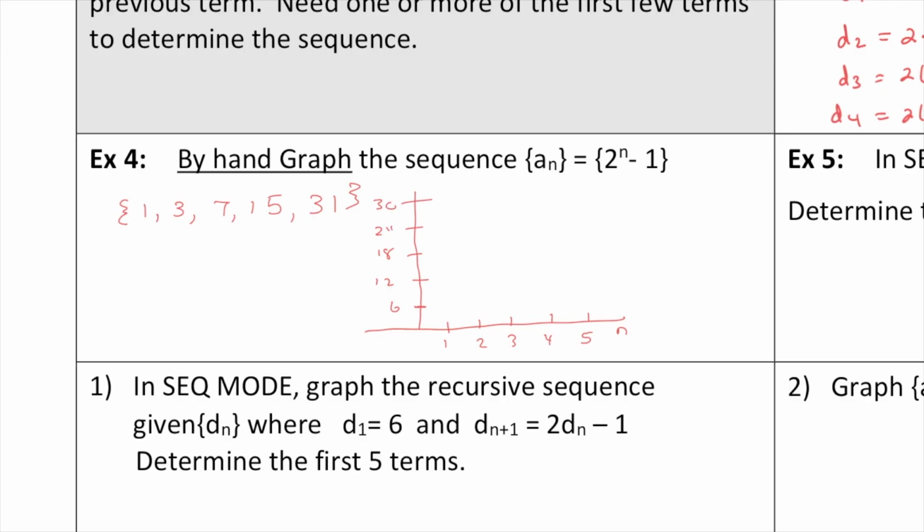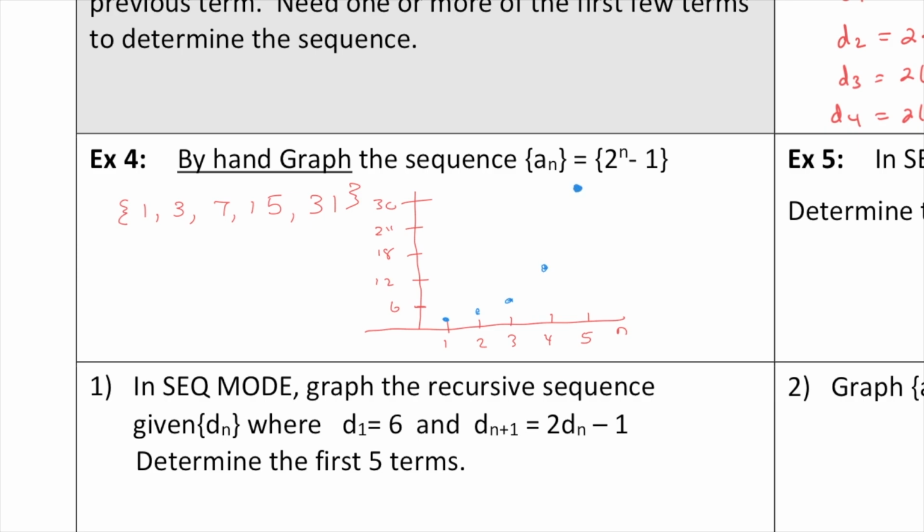When n is 1, the answer is 1. When n is 2, the answer is 3. N is 3, we go up to 7. N is 4, we go up to 15. And when n is 5, we go all the way up to 31.